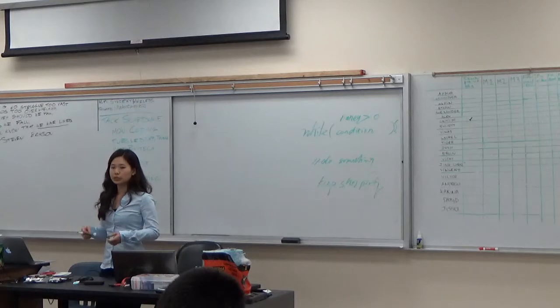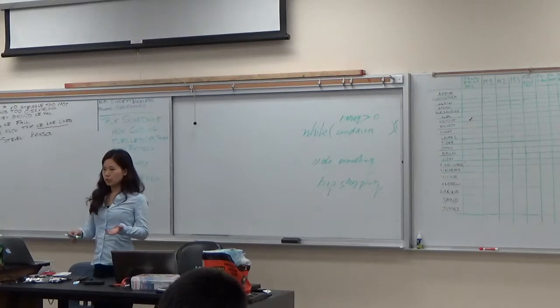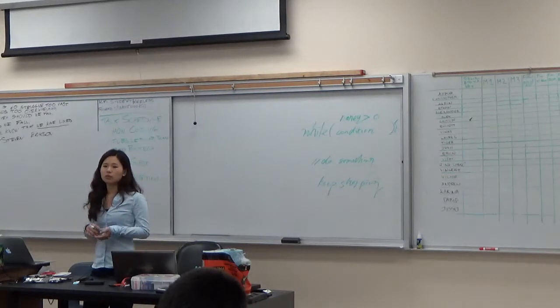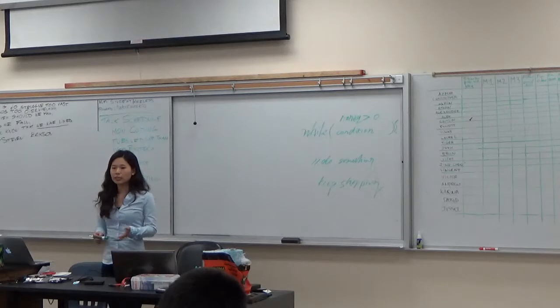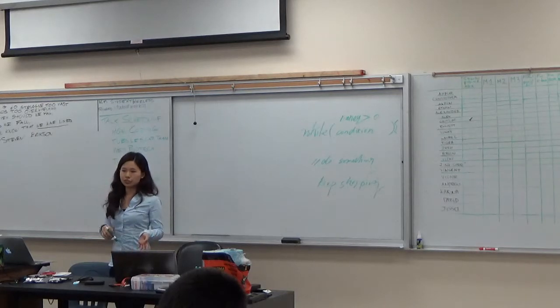Because a machine does things repeatedly, right? For example, if you want to have a cup of coffee every morning when you wake up, you will need to buy a coffee machine and put it in your kitchen.